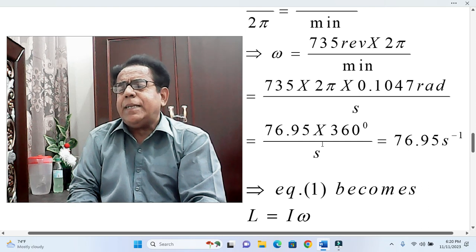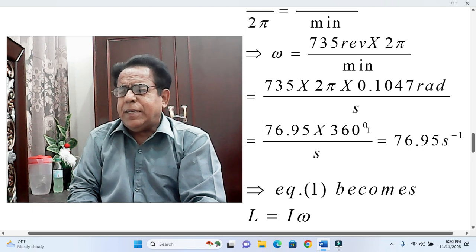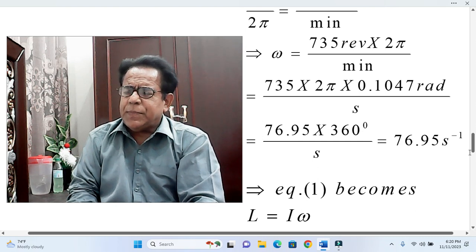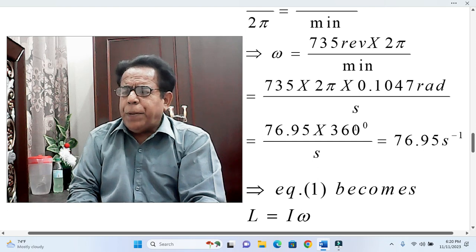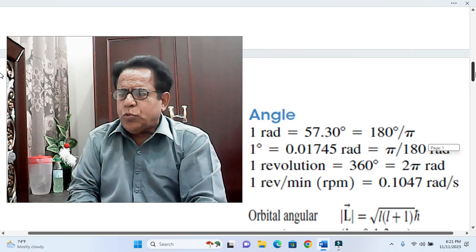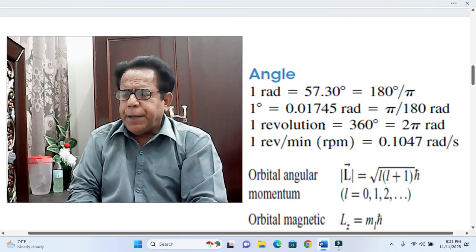Next, dear students, we have used another conversion, that is to say 2 pi radian is equal to 360 degree, which is equal to 1 revolution.